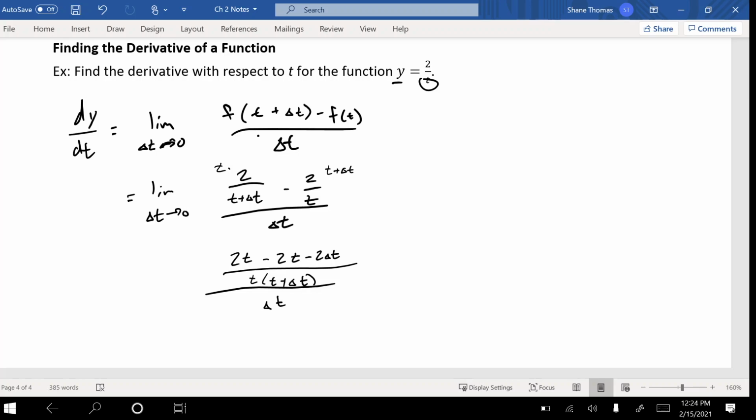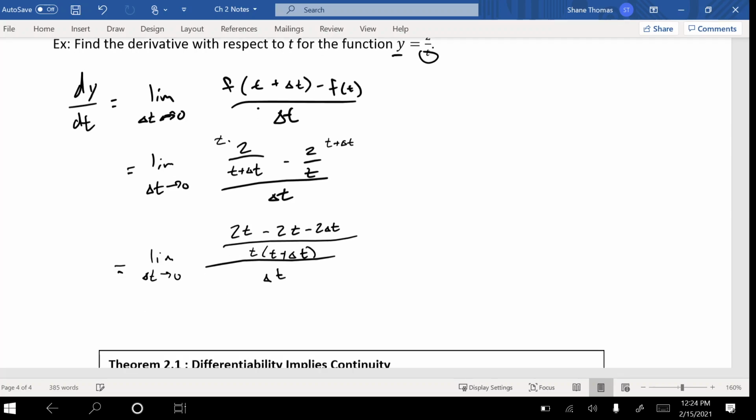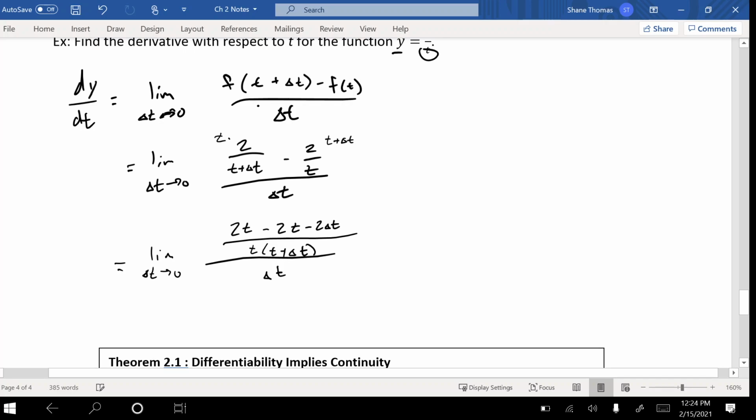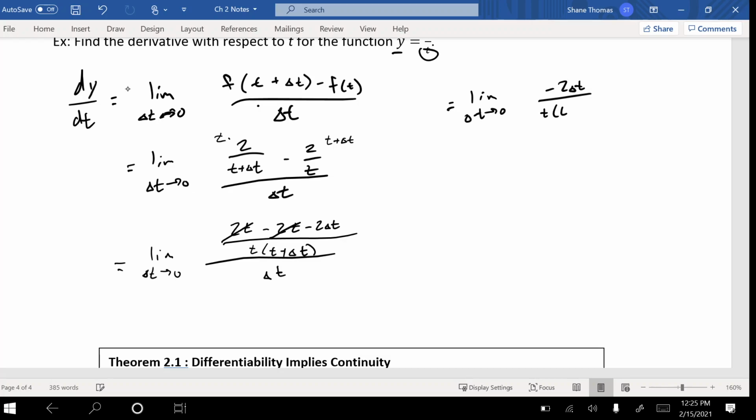So from there, let's see what we got. I can take this guy in the top, 2t and negative 2t cancel out. Then the limit as delta t approaches 0, I now have negative 2 delta t over t plus delta t, and then that's still all over delta t.